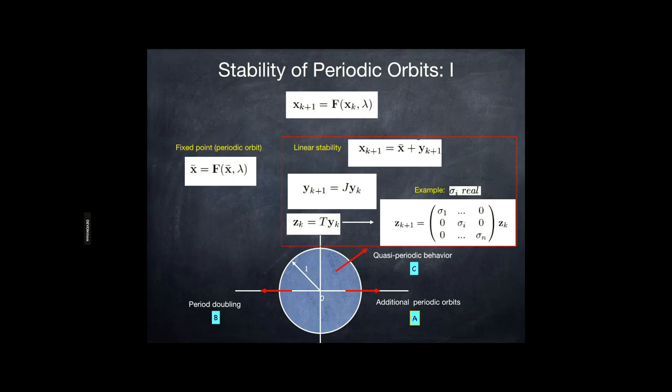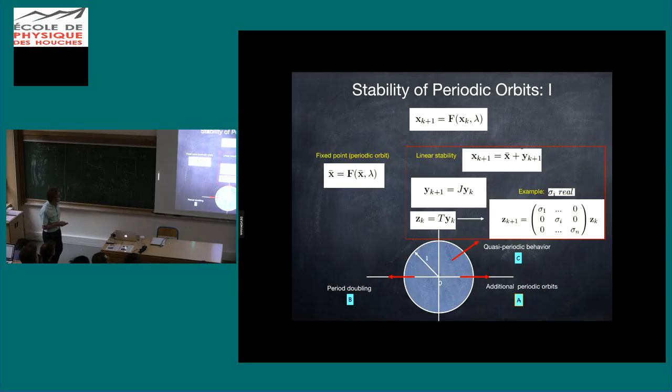And then, of course, to finish up, you want to also introduce stability of periodic orbits. Now this is how the mapping looks like. So for instance, the F is here the Poincare map. And then what you do, you look at fixed points again. You look at linear stability of those fixed points, so you perturb them.